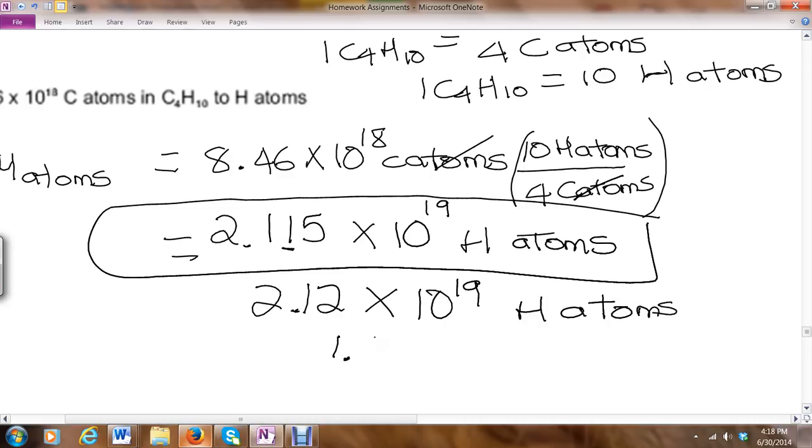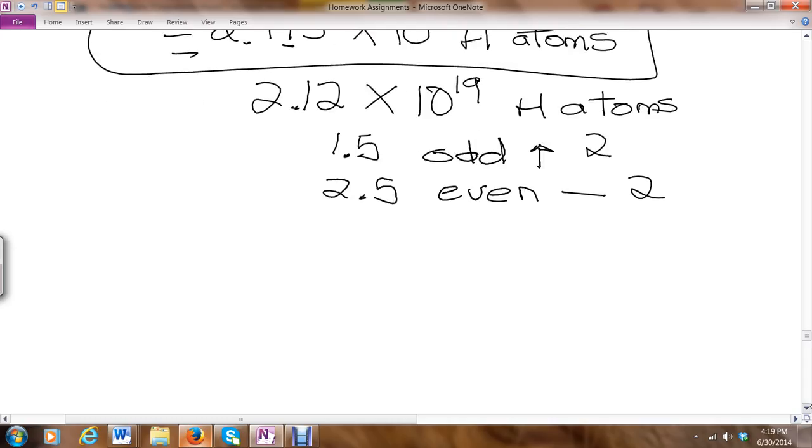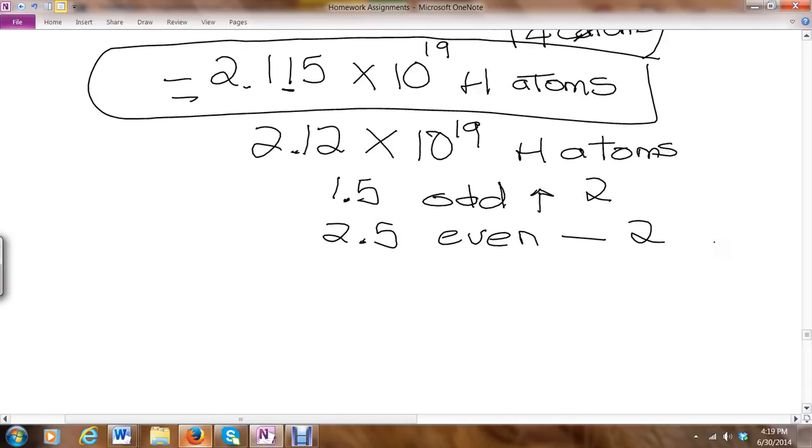If it's odd, every time you have an odd number you round it up. Every time you have an even number, you leave it the same. It stays the same. Just to refresh some of the things, if you want to go back to copy this, but this is basically it.